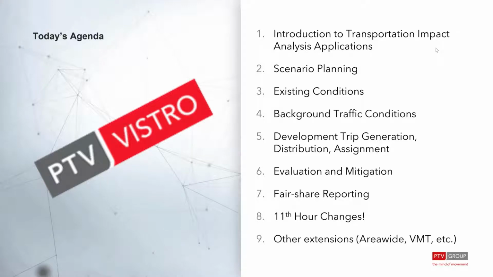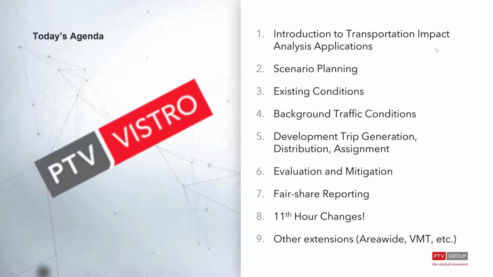We'll spend a little bit of time on the introduction to what transportation impact analysis applications are typically used with Vistro. Brief thoughts on scenario planning, and then we'll take a look, quickly, at existing conditions, building up some background traffic condition scenarios before we add on our own project's trip generation, distribution, and assignment.